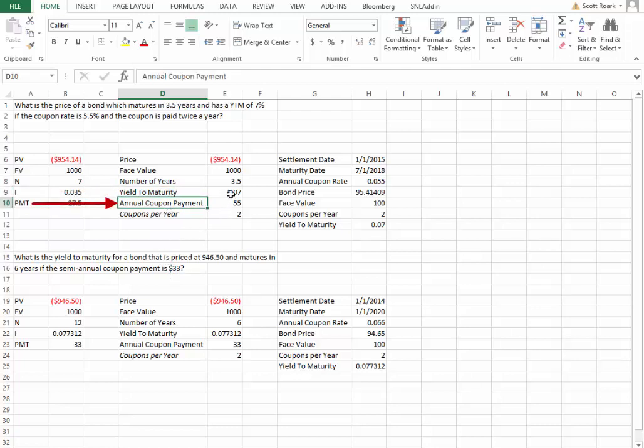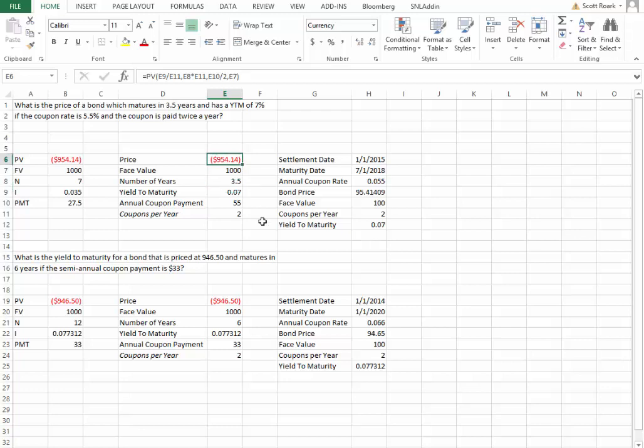So I've input the same information here, $1,000 face value. This time I put in 3.5 years, but I've got my coupon payments of two per year. The yield to maturity is 7%. That's the annual number, and we're going to adjust it with this coupons per year here. And then the annual coupon payment is $55.